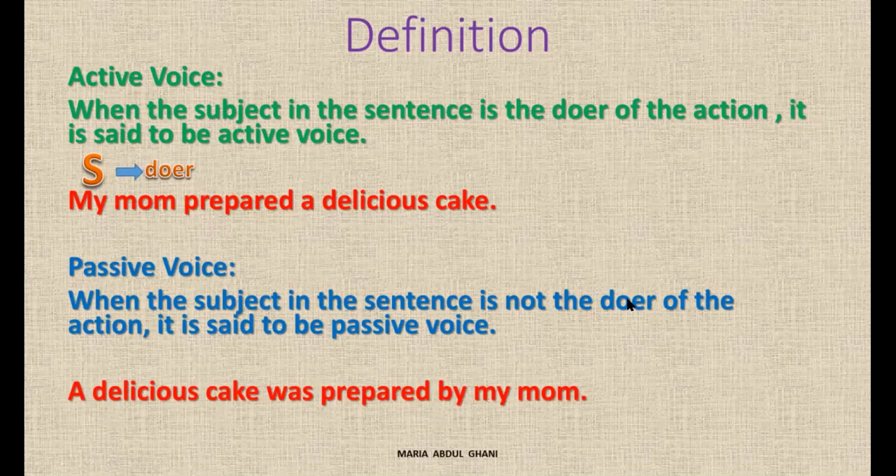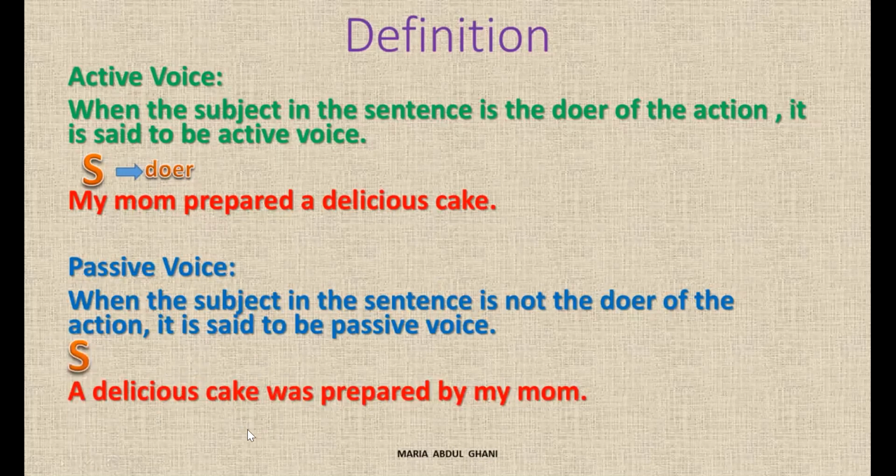A delicious cake was prepared by my mom. What is the subject, Saleh? My mom. No. The subject is the word that we start the sentence with. So, it's what? A delicious cake. Very good. It's a delicious cake. We can't say my mom. My mom is at the end of the sentence. You have to talk about the beginning of the sentence. So, it's a delicious cake.